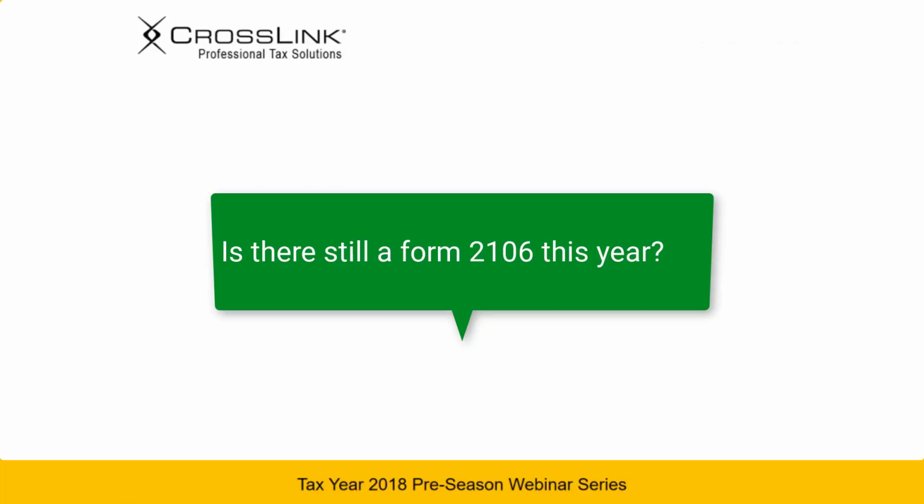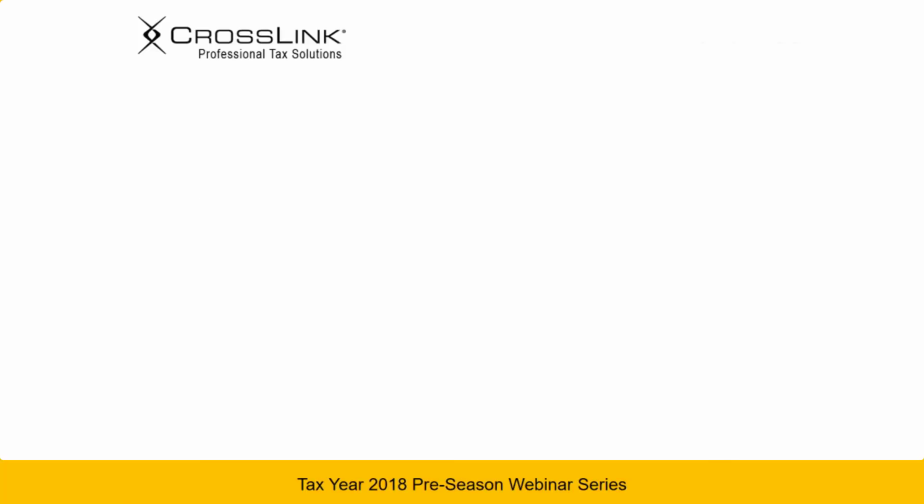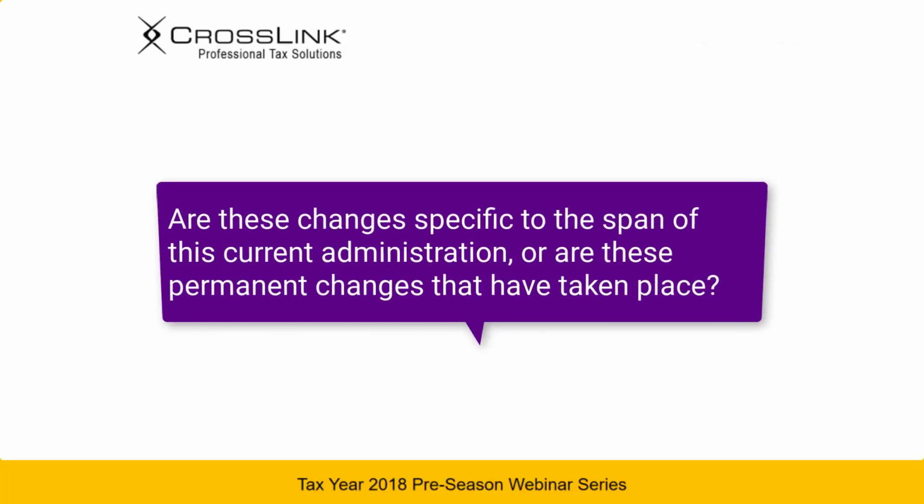One of the questions that came in, and obviously we don't touch on the political aspect of things one way or another, is in regards to time frames. Are these changes specific to the span of the current administration, or, as we sit here today, are they permanent changes? Are you talking about the tax reform changes? Correct.